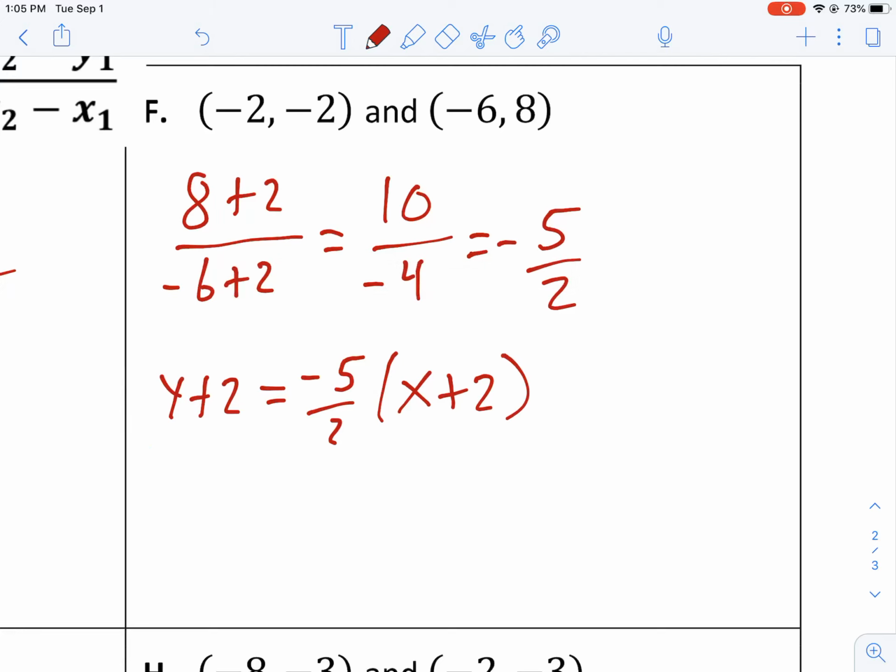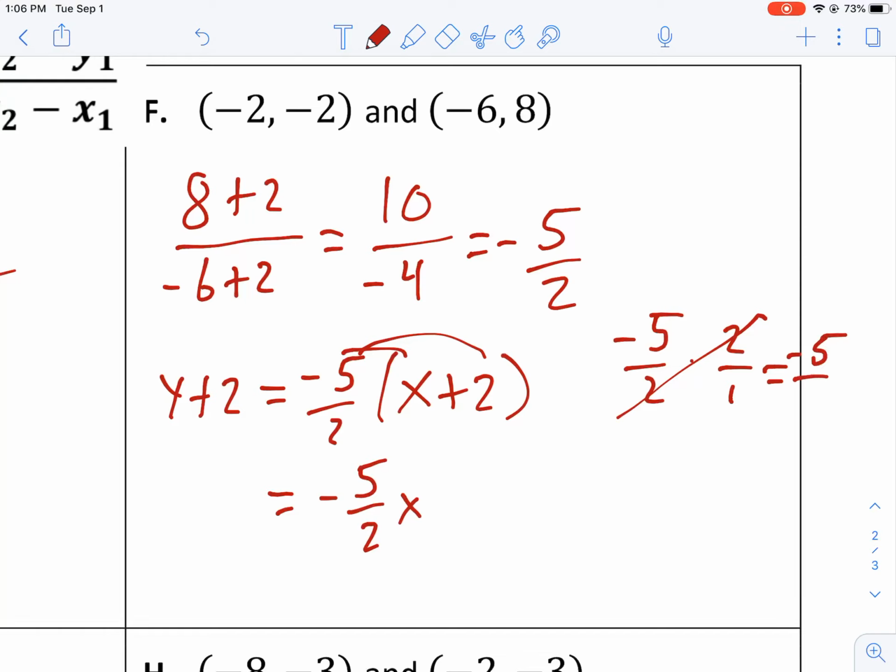All right, we're going to start by distributing. So every time you multiply just by that x by itself, it just becomes -5/2 x, right? But now we got to do -5/2 times 2, right? 2 over 1, that is. So what can you do here? Well, we have a 2 on top, we have a 2 on bottom, and when we're multiplying, we can just cancel those out, so it becomes -5 over 1, which is just -5.